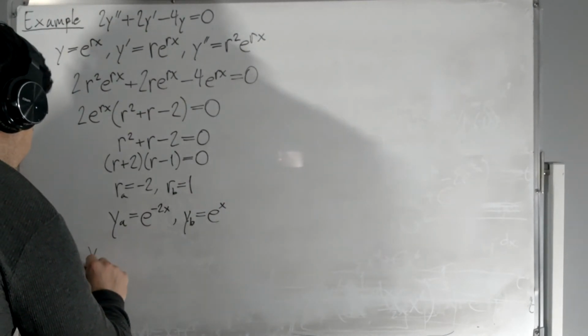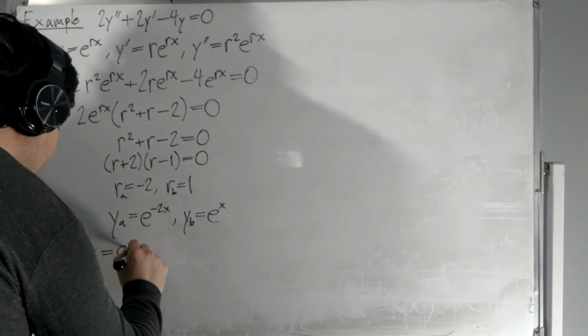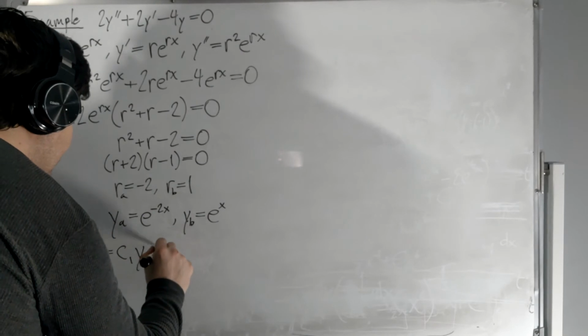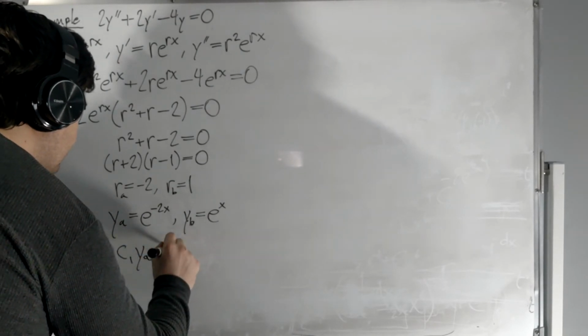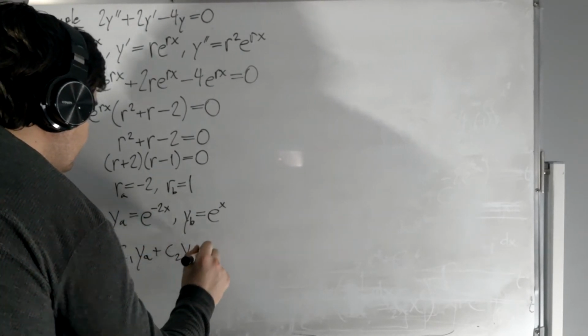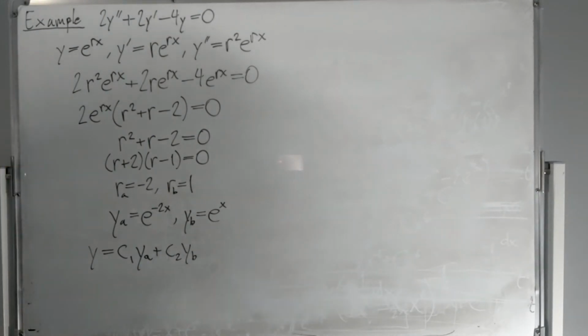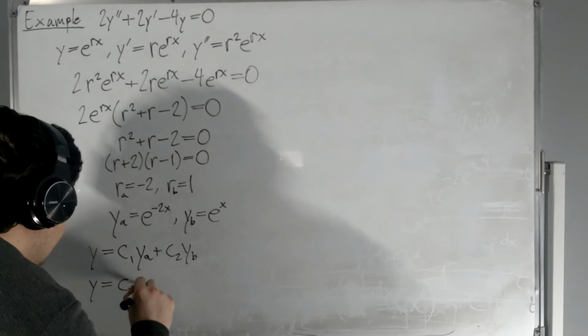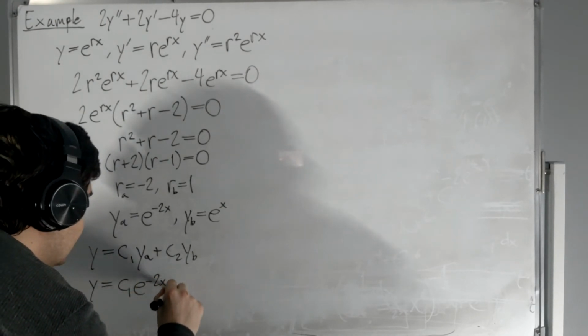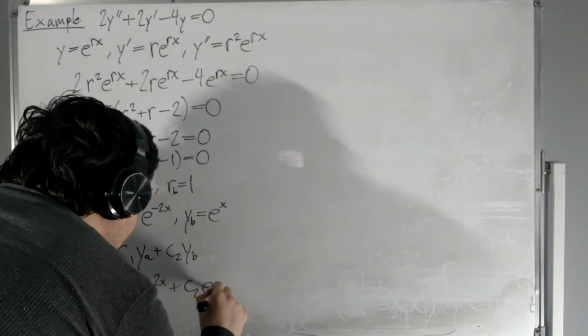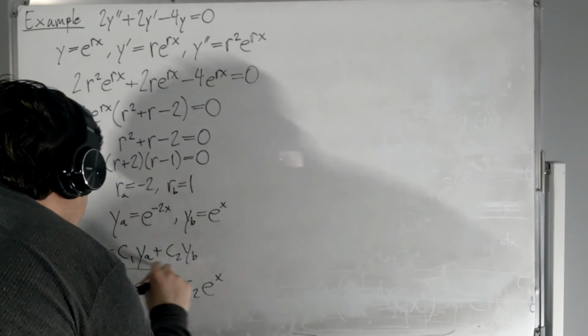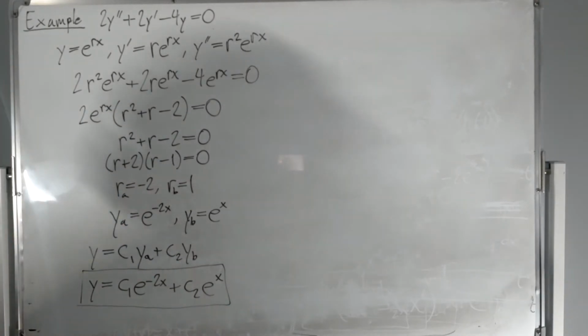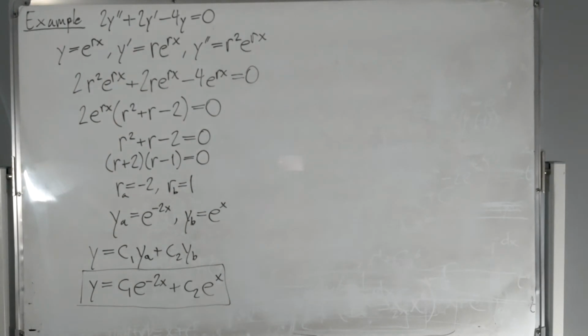So the general solution is going to be C1 yA plus C2 yB, which in our case is y equals C1 e to the negative 2x plus C2 e to the positive x. And that's the general solution of our second order linear homogeneous ODE with constant coefficients.